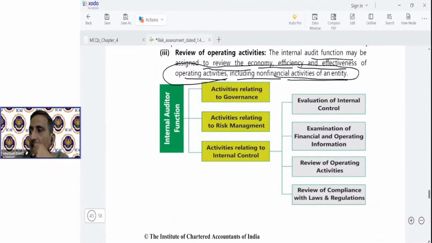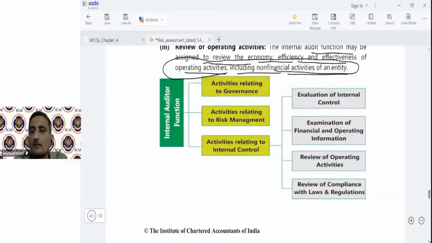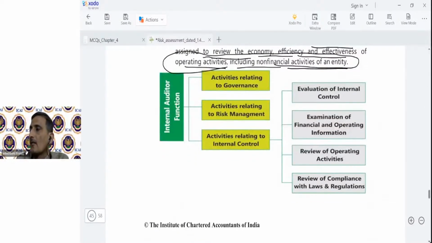Where is this line? No mail. So for the time being, we can start.